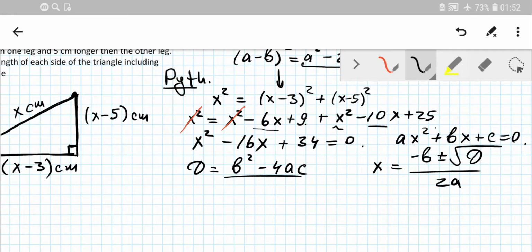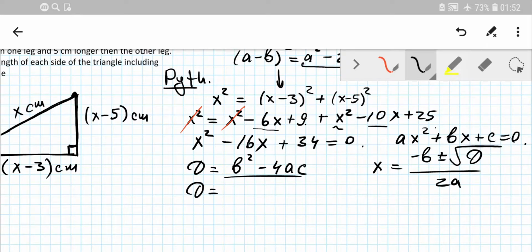That's the formula. I use the discriminant first because it gives me an estimation of how many solutions I'm going to have, and that's always the case. You need to use that before taking the square root blindly. So first, let's calculate the discriminant.